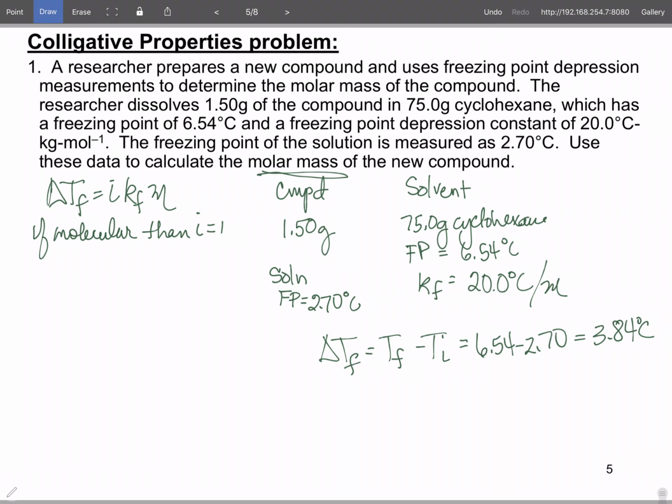So what we want to do is go over here and we'll say 3.84 degrees C is equal to K sub F, which is 20.0 degrees C per molal. Okay, so if we divide both sides by K sub F, the molality comes out equal to 3.84 degrees C divided by 20.0 degrees C per molal. I just flipped that upside down.